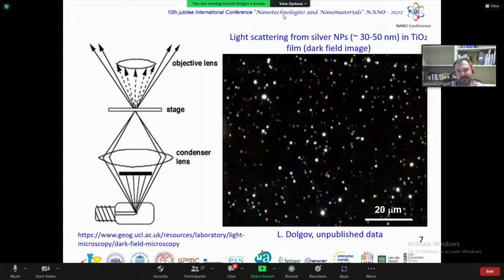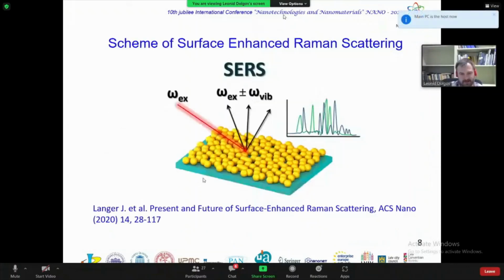It is visible because the scattering cross-section is many times higher than the geometrical cross-section of the particle. By such a trick you can visualize the particles, and you will even see different colors, and by color you can judge the shape of the particle if you have some experience.